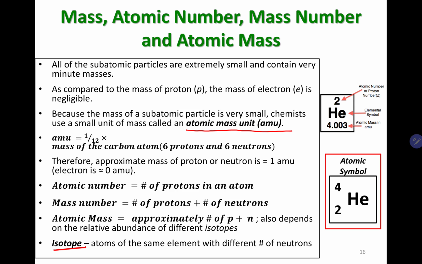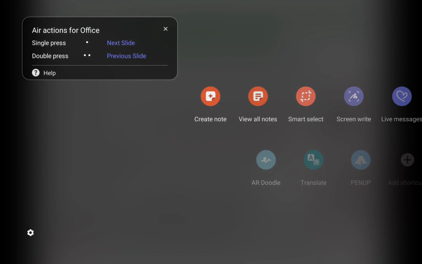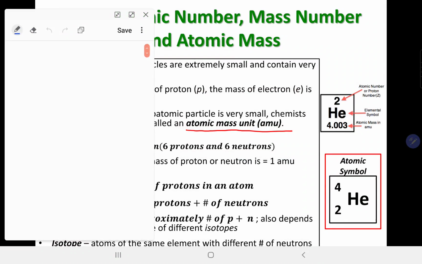AMU is basically 1/12 of the mass of a carbon 12 atom. AMU is defined as: 1 atomic mass unit is equal to 1/12 of the mass of a carbon 12 atom. What do we know about carbon 12 atoms, guys?